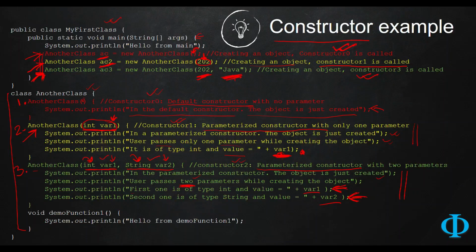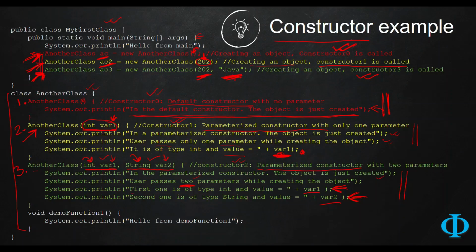What will be the output of the program, I will strongly recommend to run it by yourself. You will see that for the first object creation over here for this AC, constructor 0 will be executed, and only this line in this default constructor, the object is just created, will be printed.